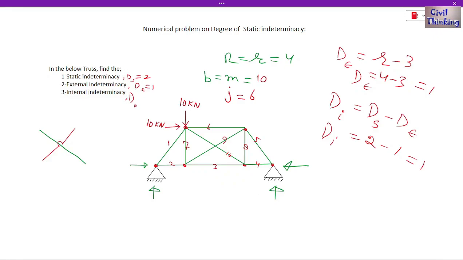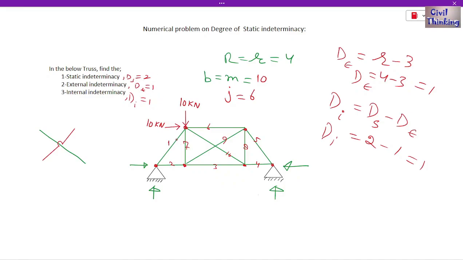So let me first erase. Now let me tell you. Now the total indeterminacy is 2, and the degree of external indeterminacy is 1, and the degree of internal indeterminacy is also 1. Now from the degree of indeterminacy we found it is not equal to 0 or less than 0.